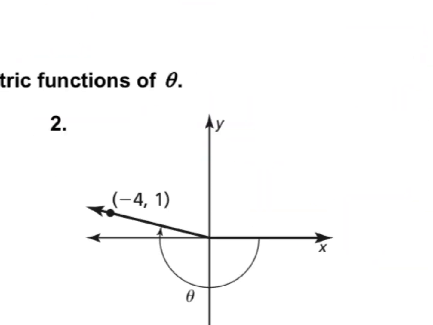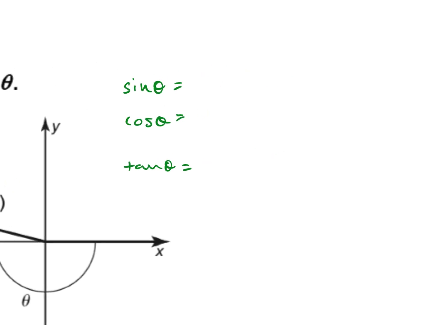So in number 2, it gives us a point, which we'll say x and y, and it asks us for our trig functions. So we need to find sine, cosine, tangent, and their reciprocals. So cosecant, secant, cotangent.